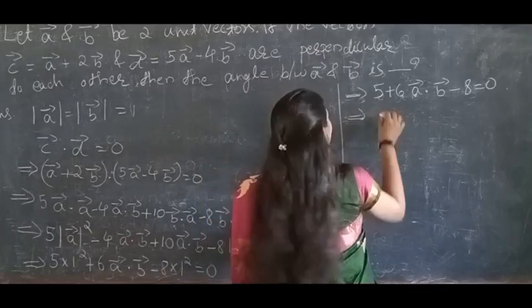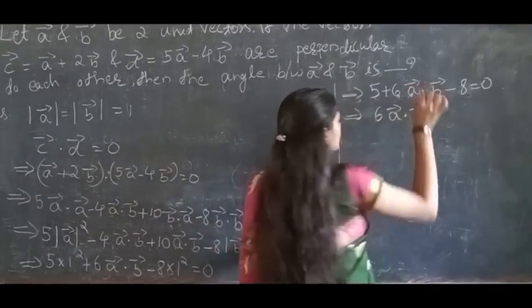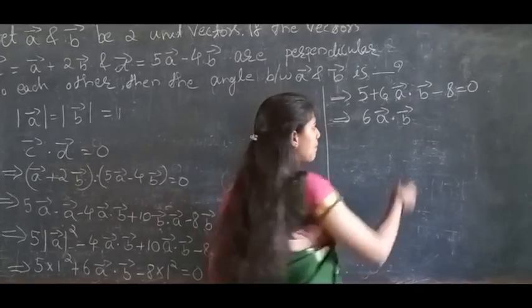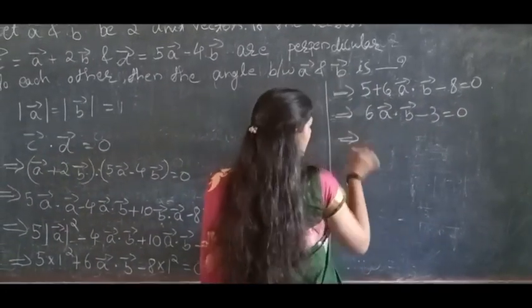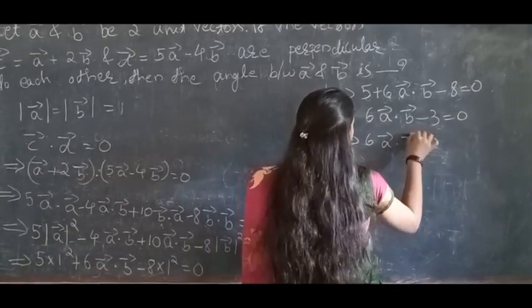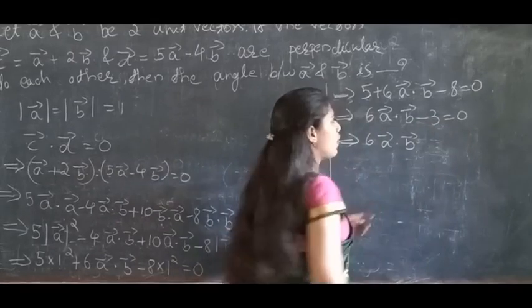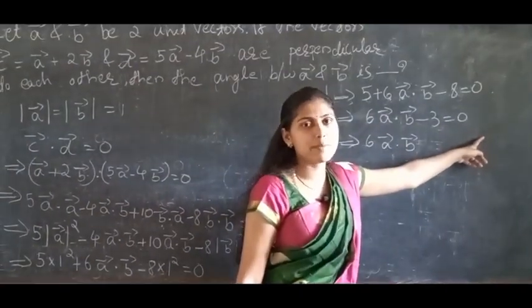Which implies 5 minus 8 is minus 3 is equal to 0. Which implies 6 vector A dot vector B. When minus 3 is going to the other side, it will be positive.